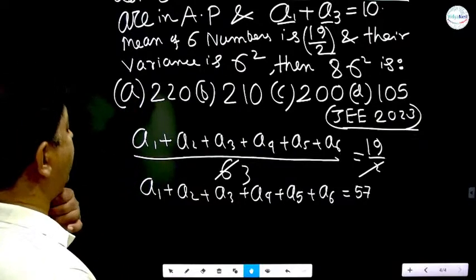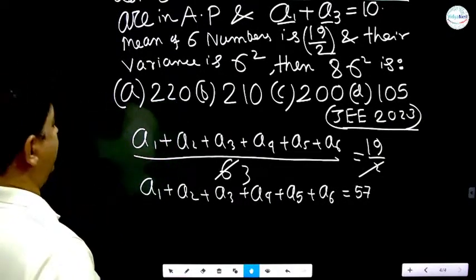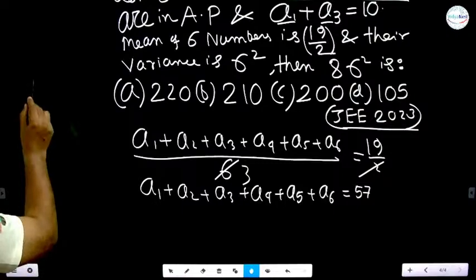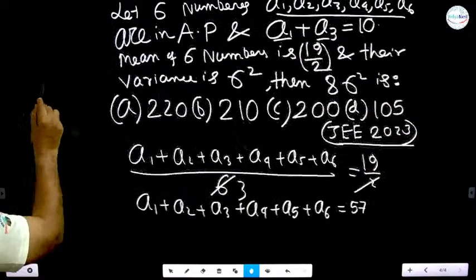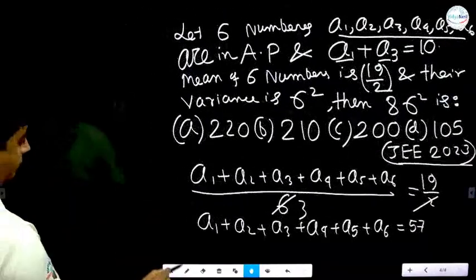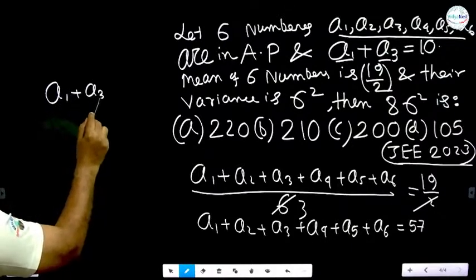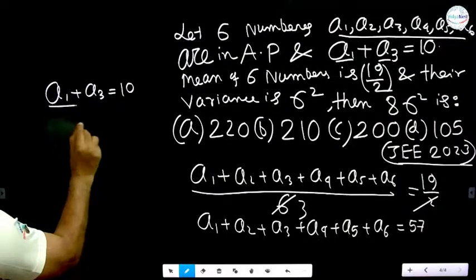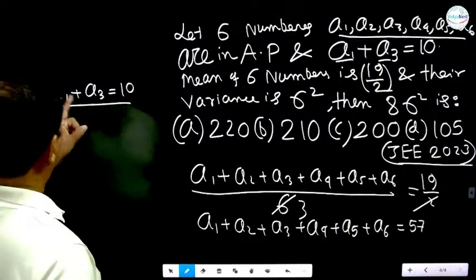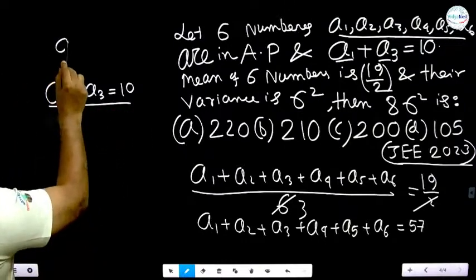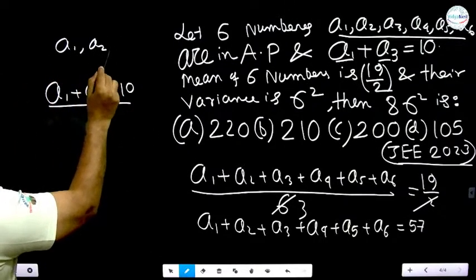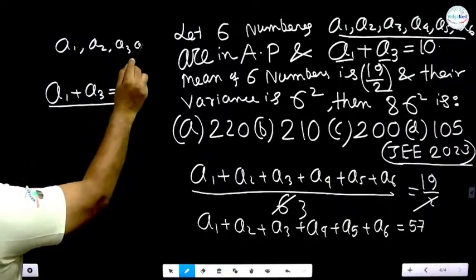They are in AP. See, A1 plus A3 is equal to 10. Now A1, A2, A3 are in AP.